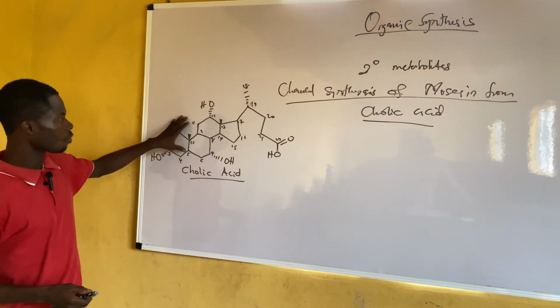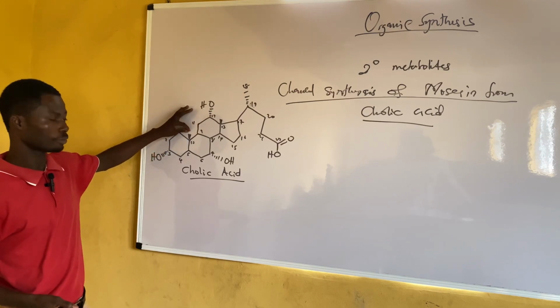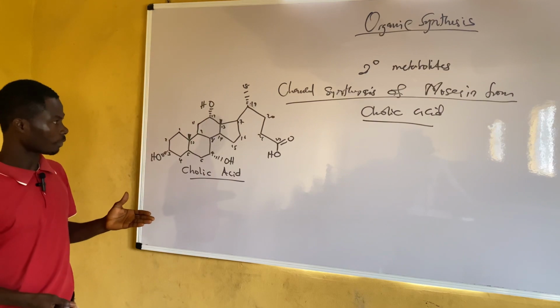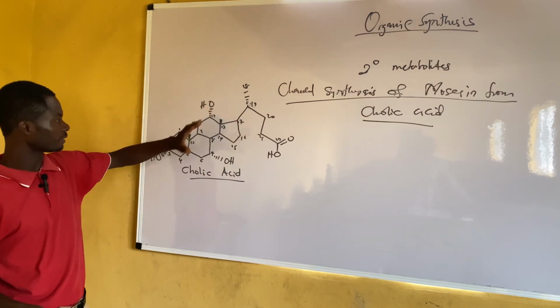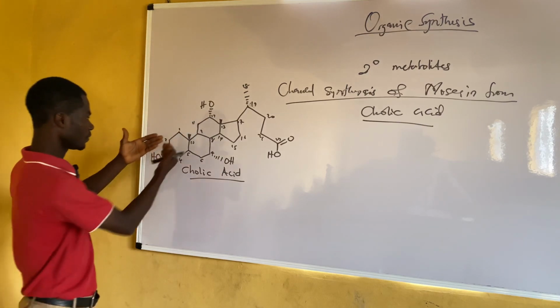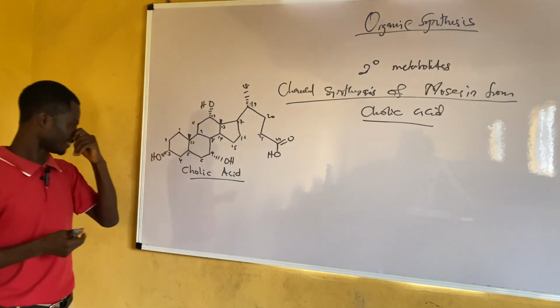When you see a wedge structure like this, it shows that this bond, the methyl group here, is pointing out of the plane towards me. And when you see a dashed structure drawn like this, it shows that this bond is pointing away from me.